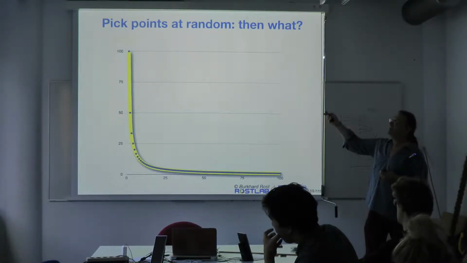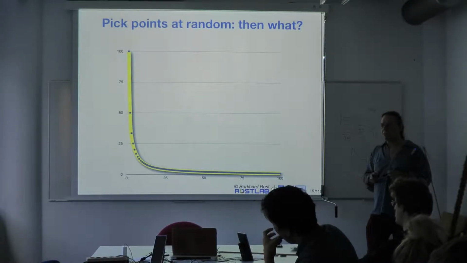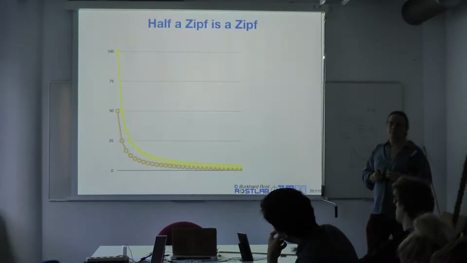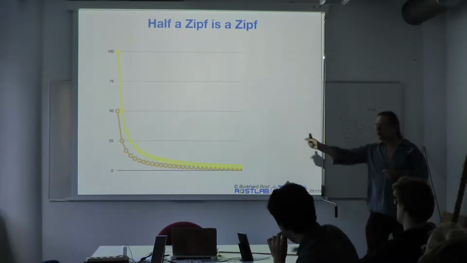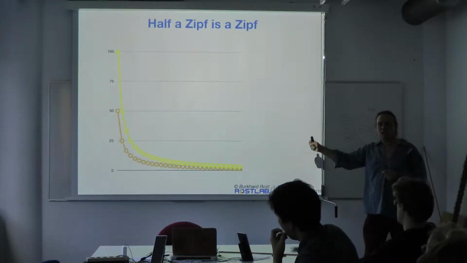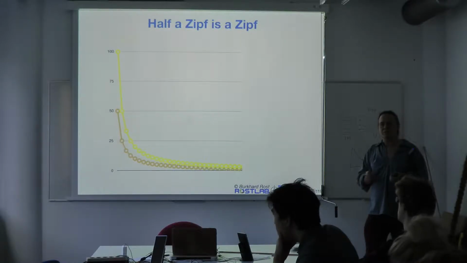That's unfair. No, it has to be random. What happens if I took random points out of the Zipf distribution? What is the distribution I get? So the answer is you get a Zipf, just a lower Zipf. As long as you choose randomly, and I almost gave myself away. Of course you can pick things to change the distribution. But if you randomly pick points, a random subset of a Zipf is always a Zipf.